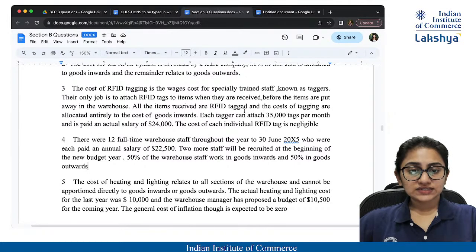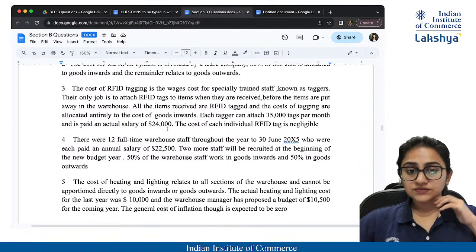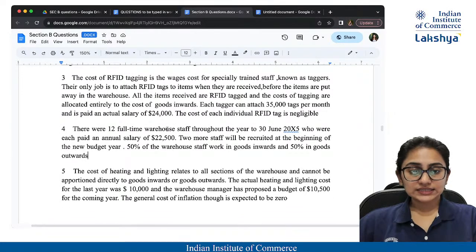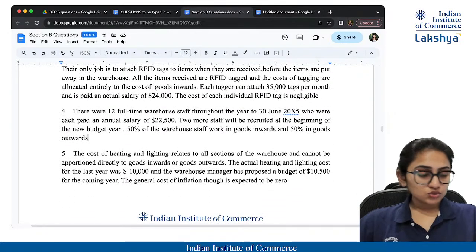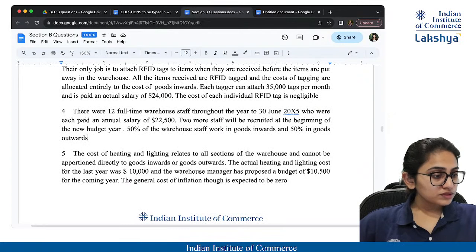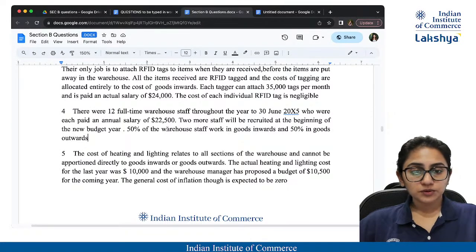All the items received are RFID tagged and the cost of tagging is allocated entirely to the cost of goods inward. Each tagger can attach 35,000 tags per month and is paid an actual salary of 24. The cost of each individual RFID tag is negligible.